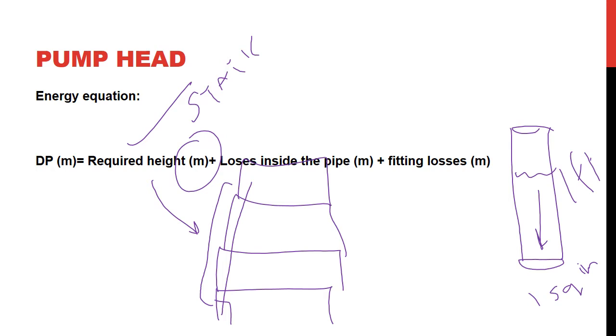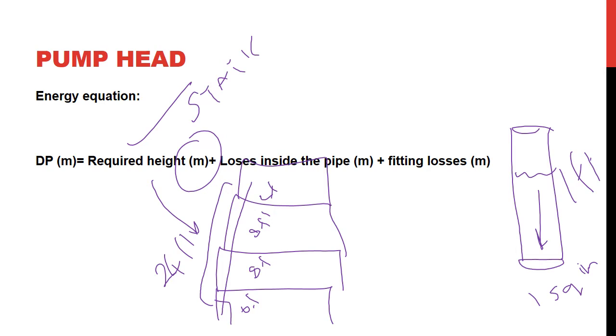How much water? If I say this is 8 feet, and this is 2 feet here because we're not going to the top, and this is 6 feet, so 2 and that's 8 by 3, that's 24 feet of height, and that's my static. I hope this makes sense.